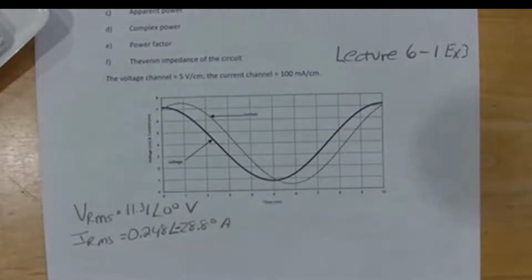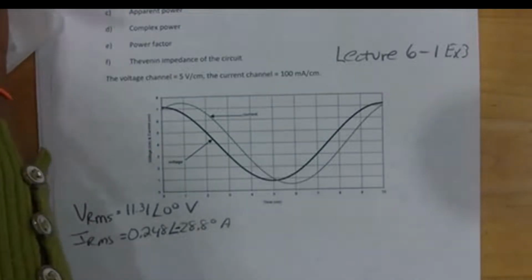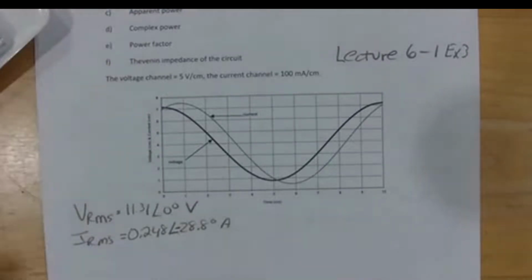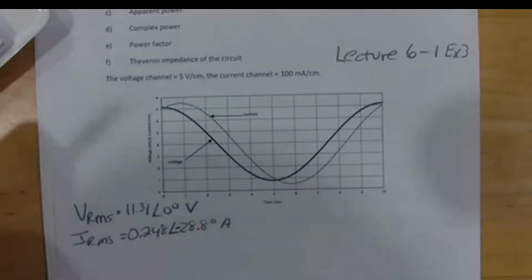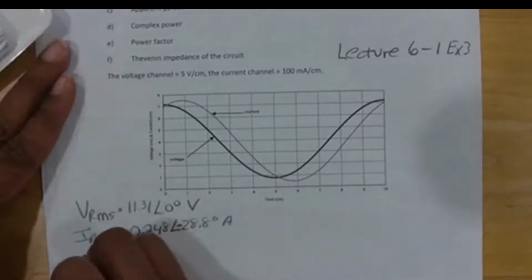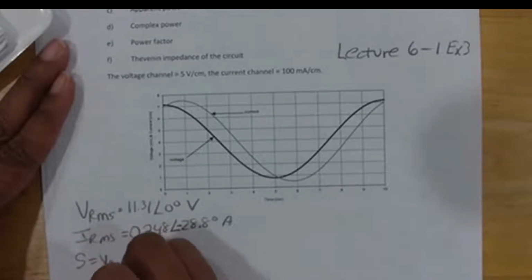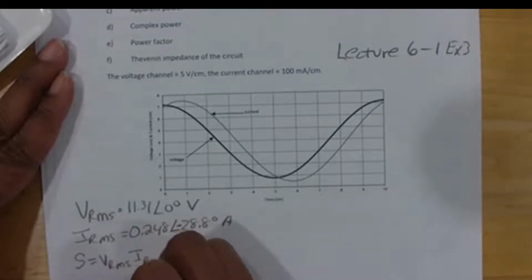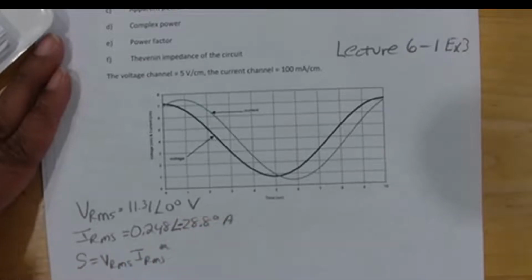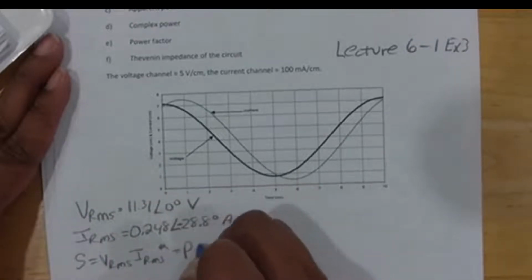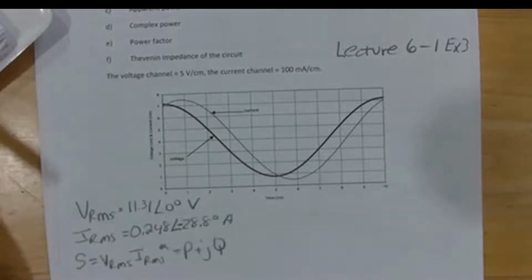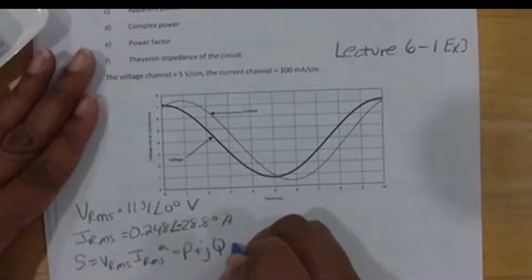How can I find the average power, the reactive power, the complex power, and the power factor? You're exactly right. That will do it. But a quicker way is just to go VRMS, IRMS conjugate, and the rectangular form gives me P and Q, and the polar form gives me the apparent power and the power factor angle.